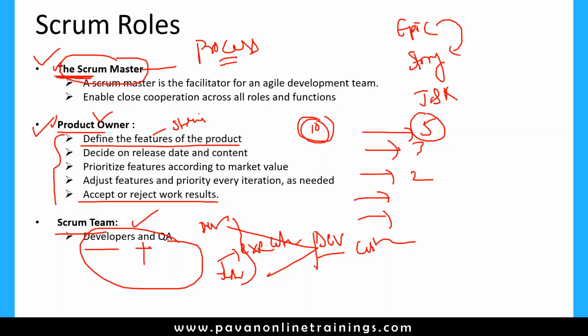Epics are divided into multiple stories, and for every story the developer has their own tasks and the QA also has their own tasks. And there are two more things we need to understand: DOR and definition of done. DOR is nothing but definition of ready, and DOD means definition of done.